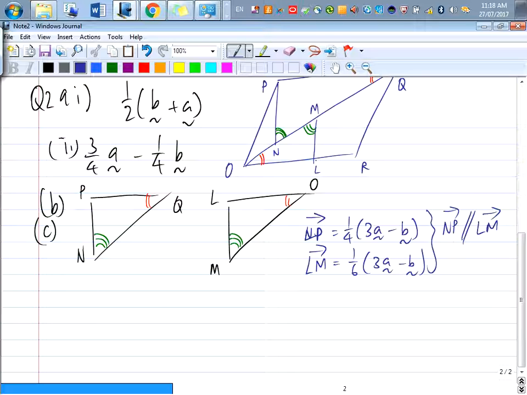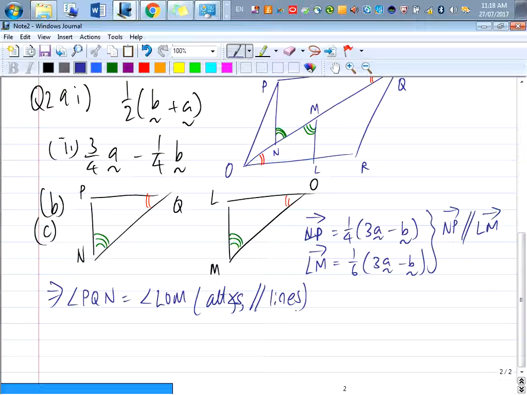Since these two are parallel, then the green angles are the same, because again we are using alternate angles on parallel lines. Okay, so our presentation will be angle PQN equals angle LOM, alternate angles, parallel lines.